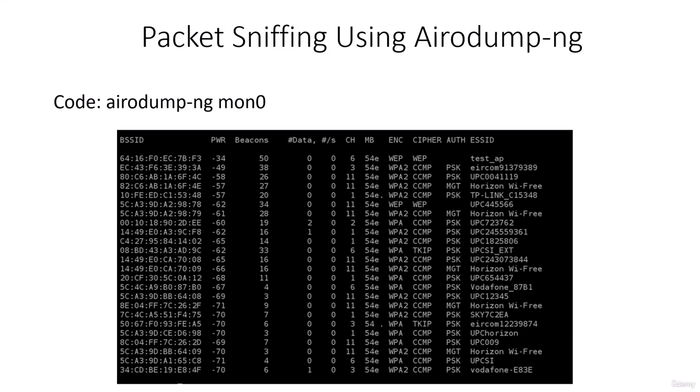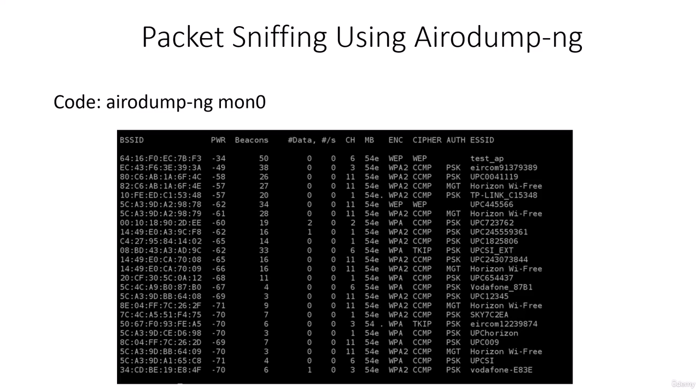This is the number of beacons that each access point is sending, and this is the number of useful data packets that we have sniffed. We will talk about this later when we start talking about WEP decrypting and WEP encryption, so we will leave this for now. This column is the number of packets that we have collected in the past 10 seconds. As you can see, we have 0 in here.